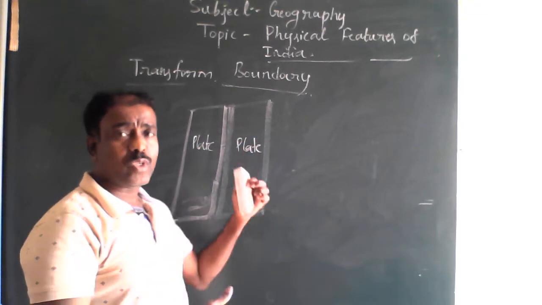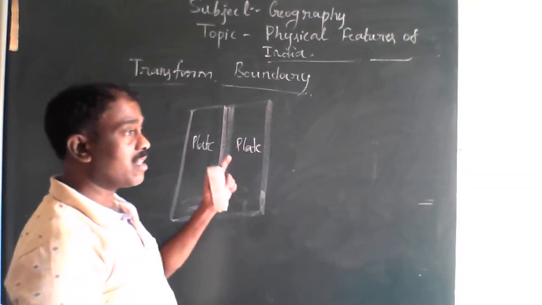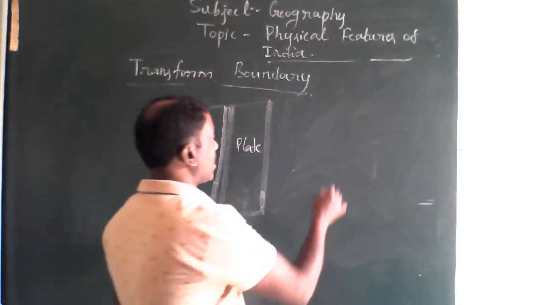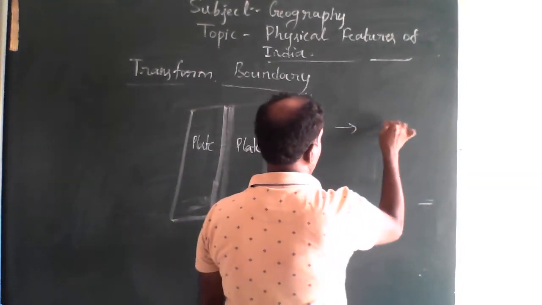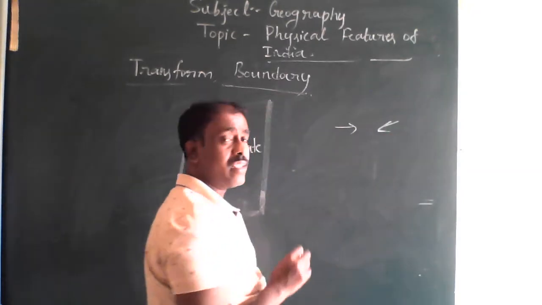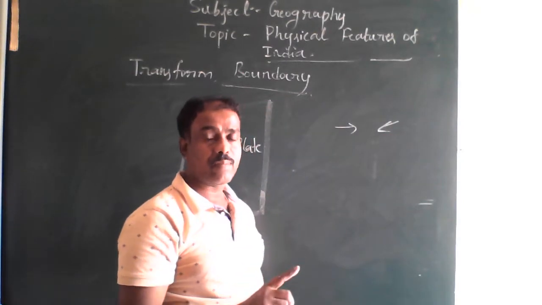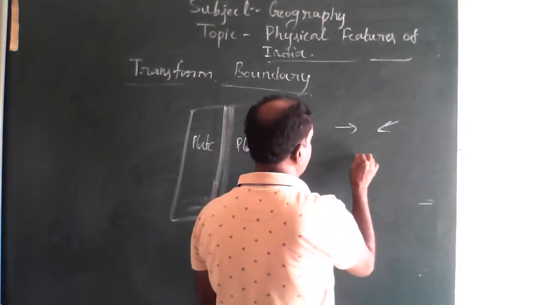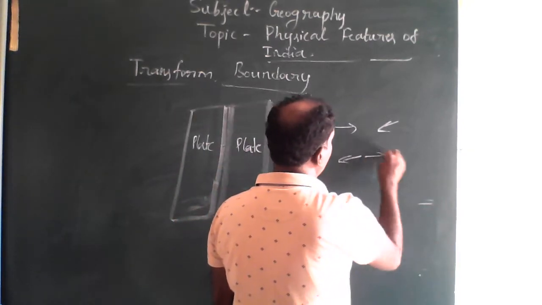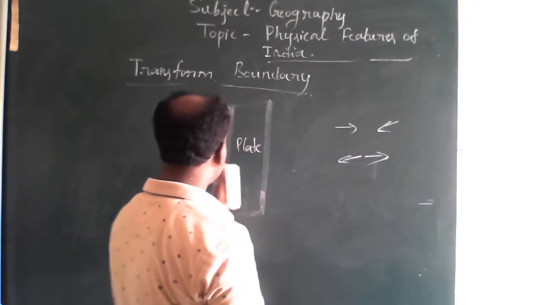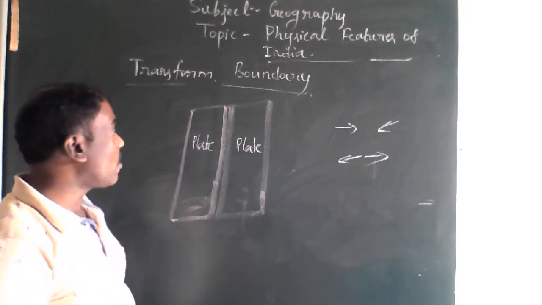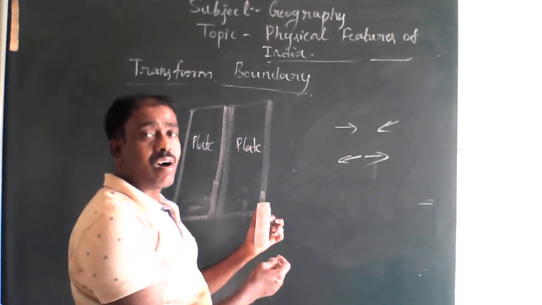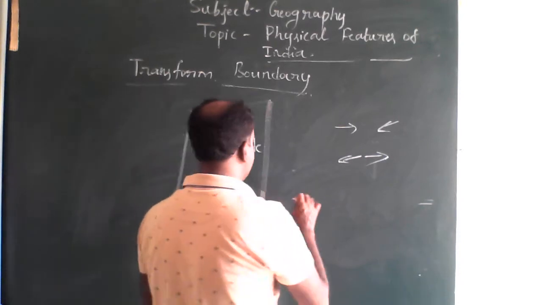These two plates, first in convergent they come close like this, then that forms convergent. Then in divergent, the plates move away, so what was close moves apart. Now in this transform boundary, the plates move like this.